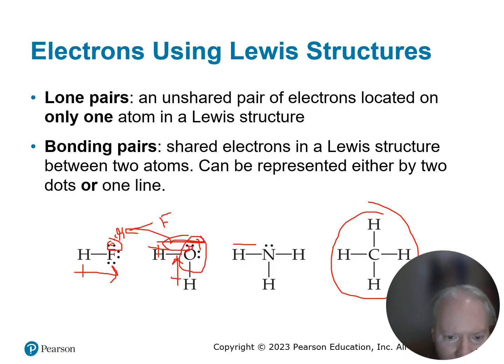Nitrogen gets a slight bit more of the electron density than hydrogen, but not by much. And then carbon and hydrogen is quite equal. There really is no polarity between carbon and hydrogen.